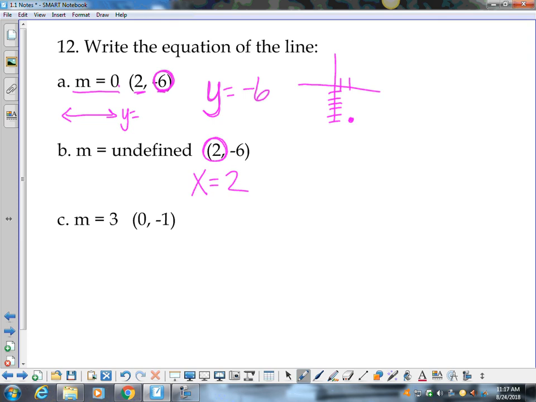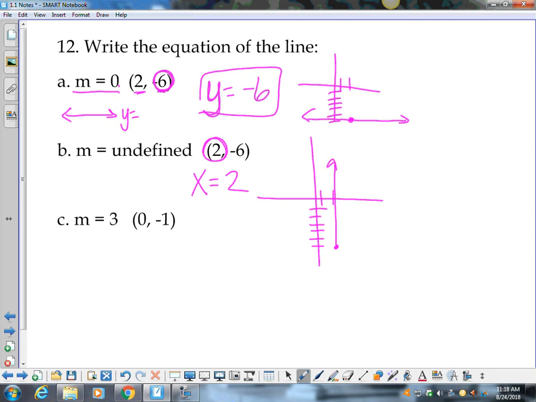If my slope is 0, then that's what the graph looks like, and this is what the equation is. On this one, I'm undefined. I'm going to be vertical, and my equation is x equals 2.